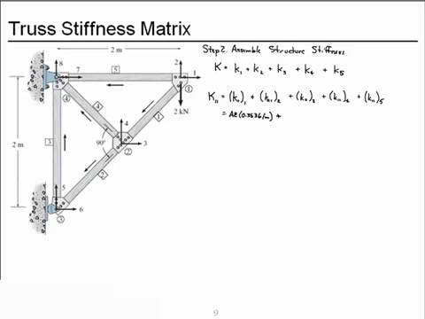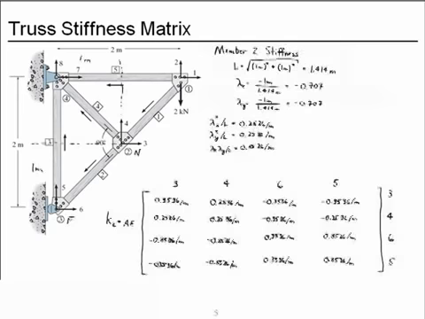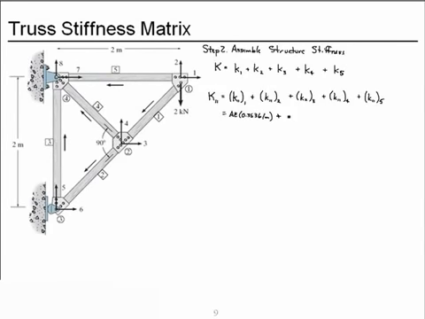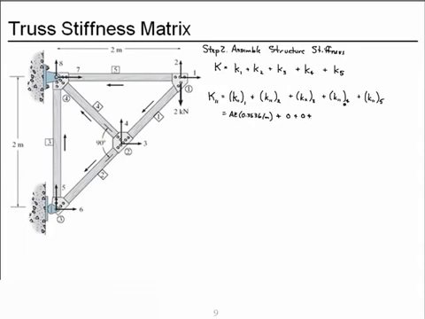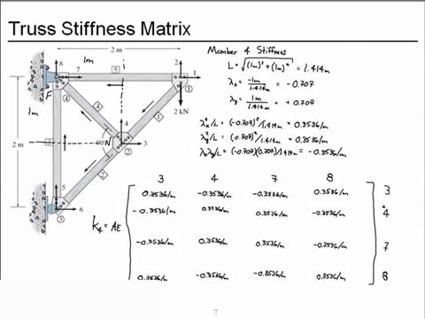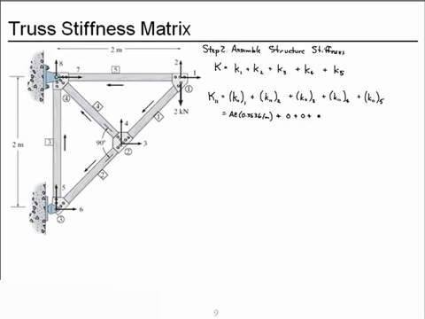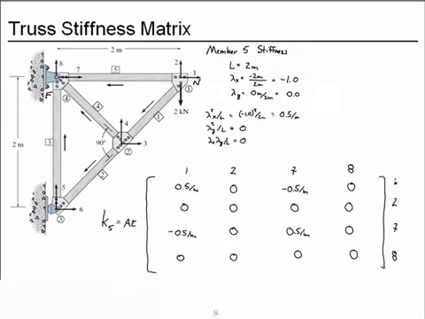Then we add the contribution from member 2, but degree of freedom 1 is not represented in member 2, so its contribution is 0. From member 3, again we have no representation of degree of freedom 1. Member 4, no contribution from degree of freedom 1, or to degree of freedom 1 I should say. Member 5, coefficient 1, 1 is AE times 0.5 per meter.